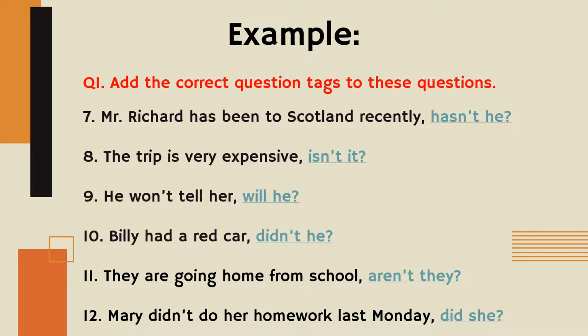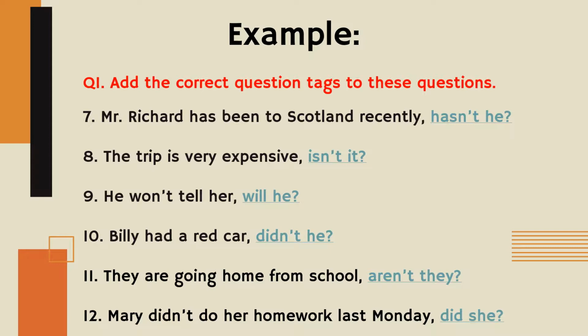Ninth one is he won't tell her, will he? So it is a negative statement. So the question tag to be added will be positive. So the question tag added to the ninth sentence is will he. 10th one is Billy had a red car.